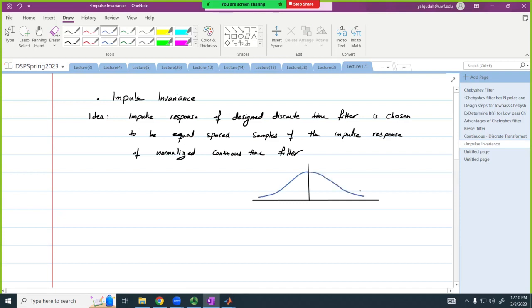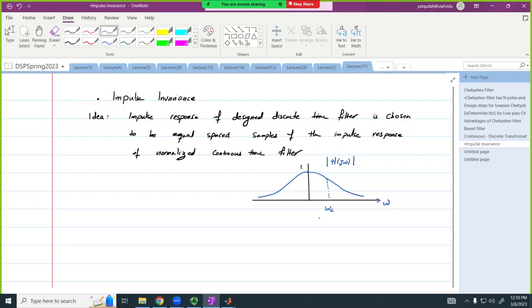Agree? We usually plot this from 0 to infinity, so we only plot this part of the filter. But the frequency response looks like this, symmetrical around the y-axis. So this is my H of j omega, and this is my omega. This is 1. This was my cutoff frequency. This is what we've done with a Butterworth filter or any other filter.